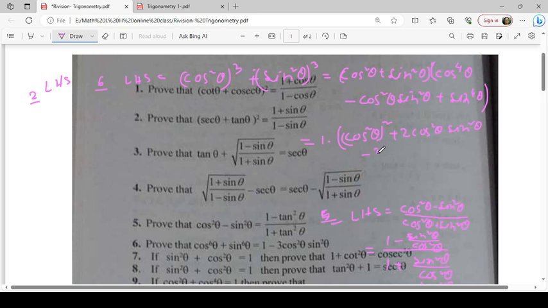So here we write 3 cos square theta sin square theta, so that we can have the result as minus cos square theta sin square theta. So again we have a square plus twice ab plus b square, which is equal to cos square theta plus sin square theta whole square.